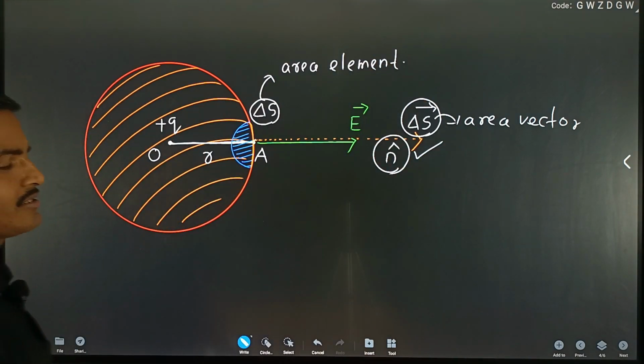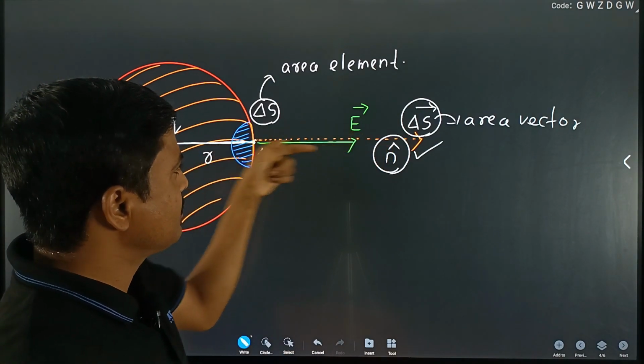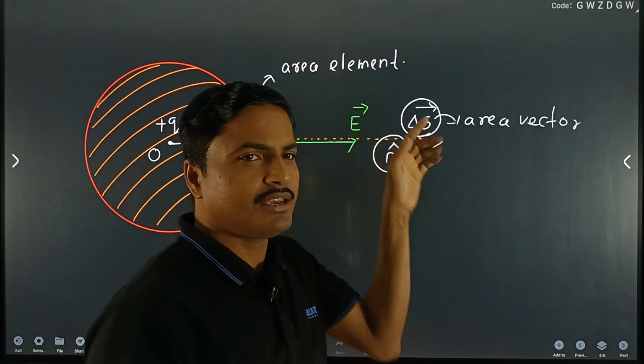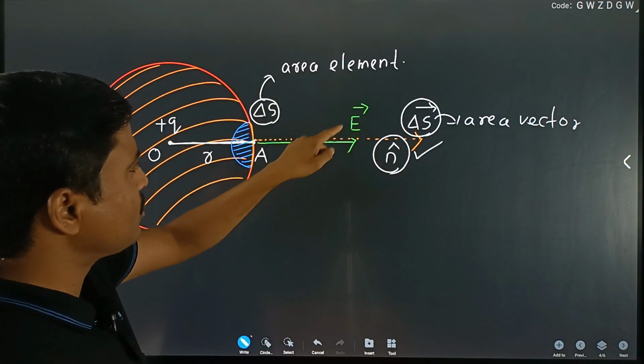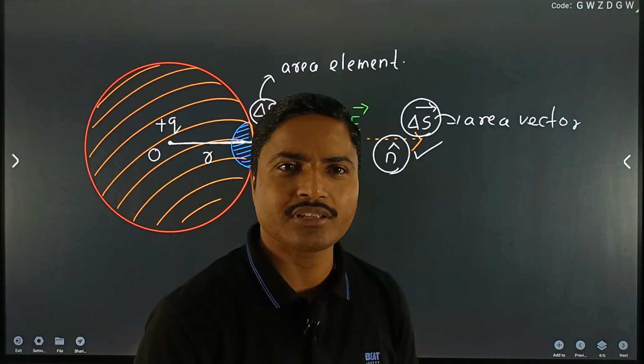Clear? And in this case, the direction of the area vector is outward, and the direction of the electric field is also outward. That means both electric field and area vector are parallel to each other.